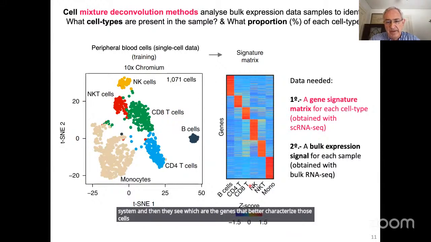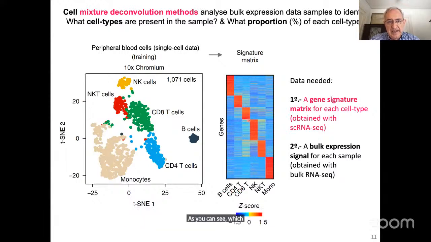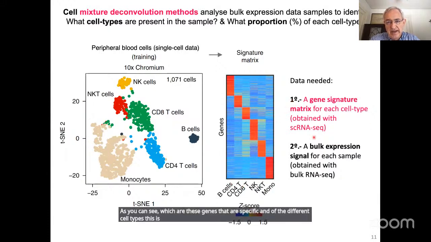For example, for the B cells, which genes are specific to them and to the different cell types. This is what we need here: a gene signature matrix.